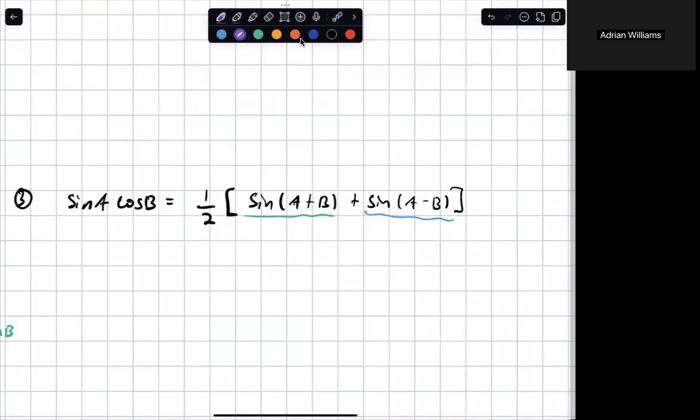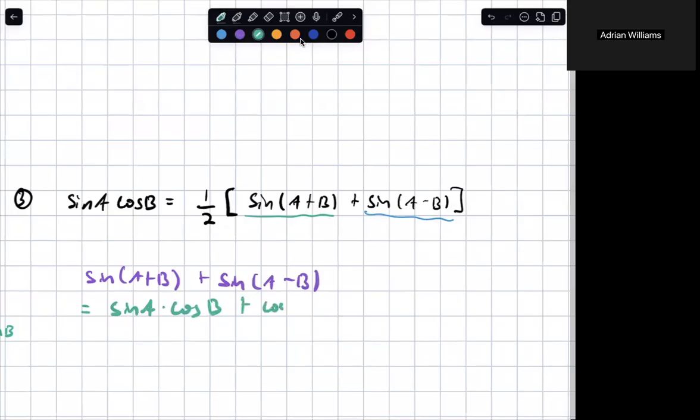We know that sine of a plus b plus sine of a minus b is equal to, doing the sine of a plus b, sine a, and this is where it gets a little bit different, times cos b, remembering our sum and difference angle results, plus, switching now the letters and the trig functions, cos a times sine b, and that's our first trig function done up inside of that bracket.